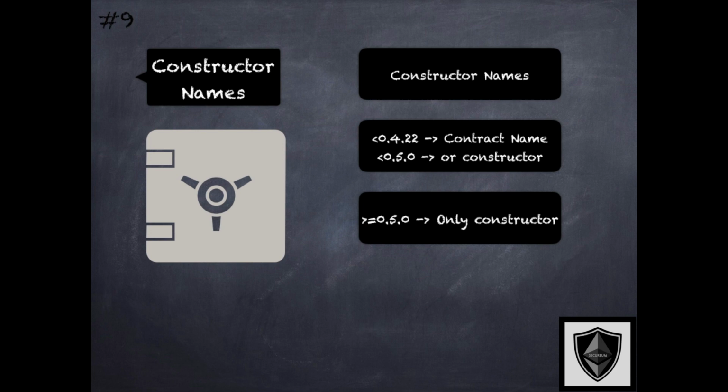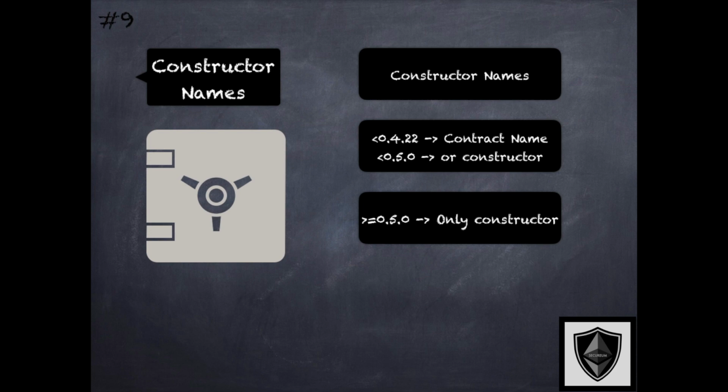So this flexibility and the use of the contract name as the constructor name has historically caused bugs where the contract name was misspelled, which led to that function not being the constructor but a regular function.